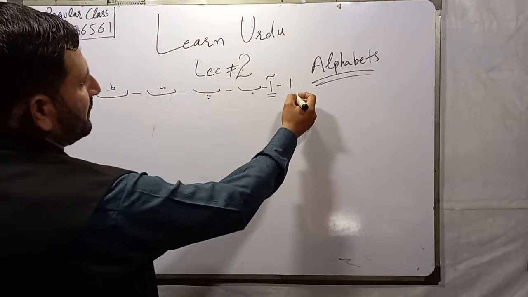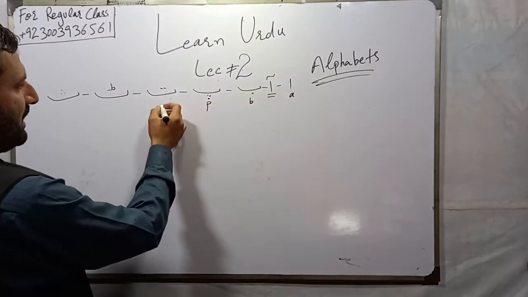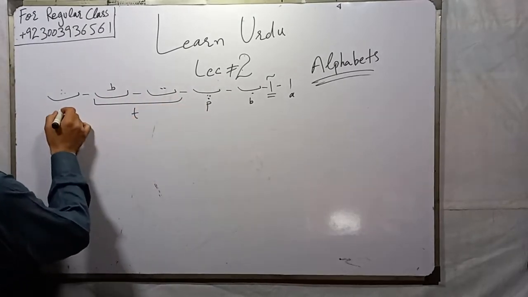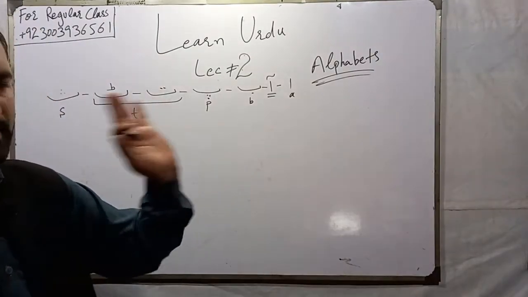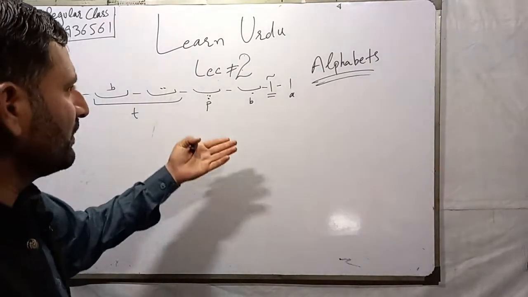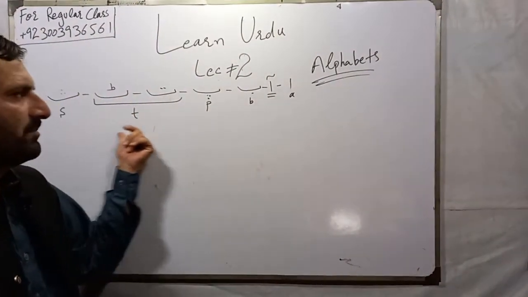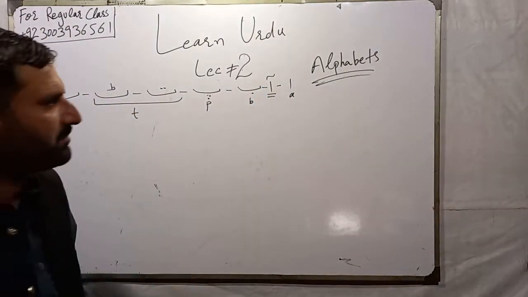Similarities: it sounds like a, it sounds like b, it sounds like p. These both sound like t, and this sounds like s. It is just revision of first lecture. If you want to learn it in detail, you should see its link in description and watch our first video.